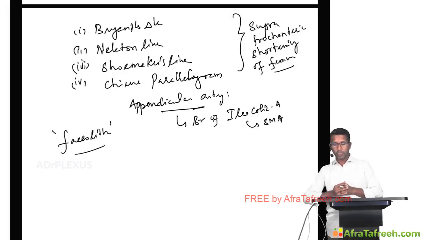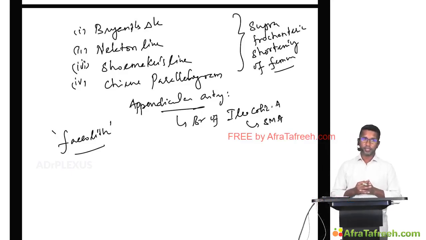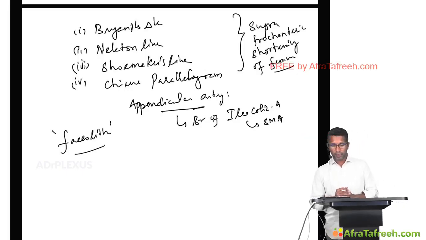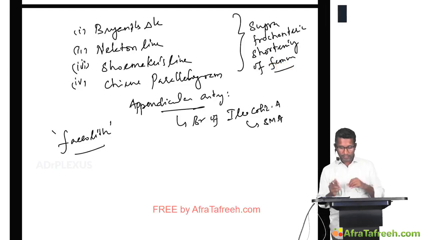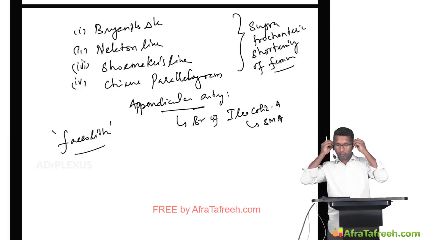And can anybody tell me what is the area supplied by the iliohypogastric nerve? Yes, the iliohypogastric nerve supplies the lower abdominal muscles.